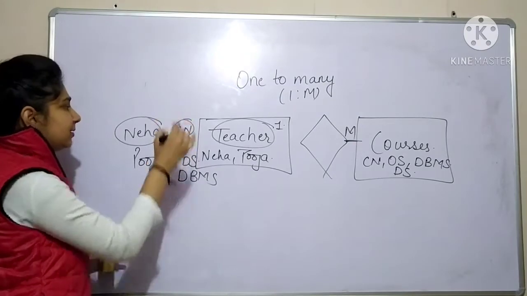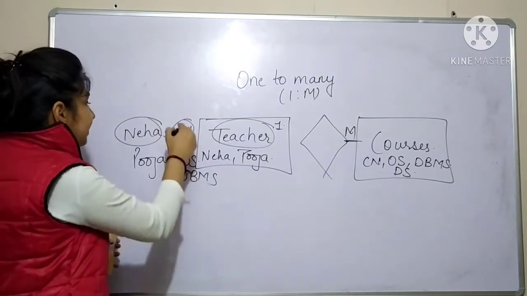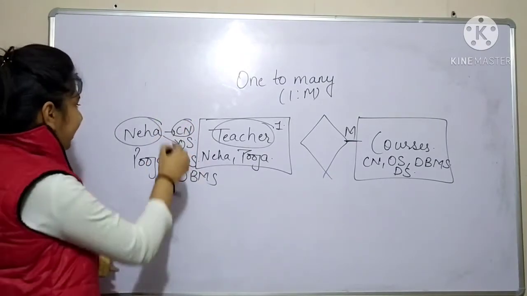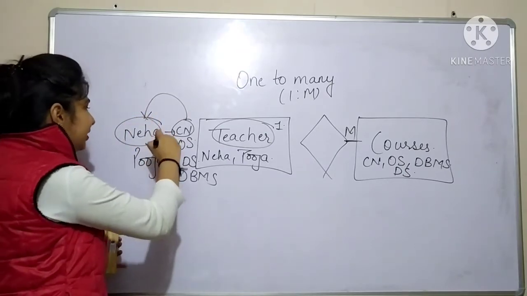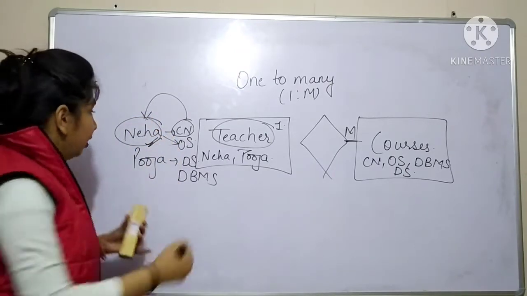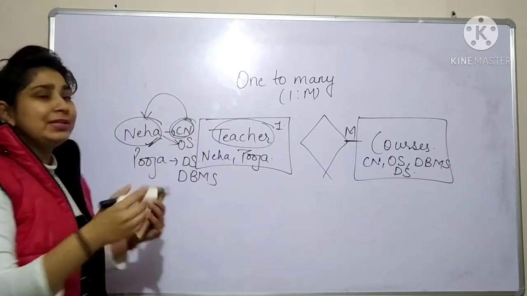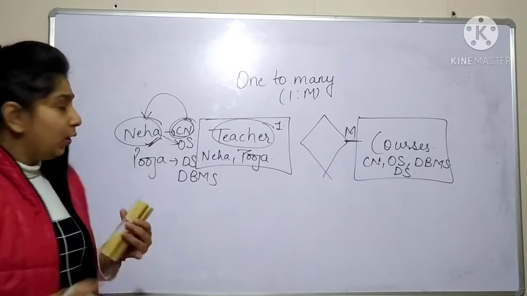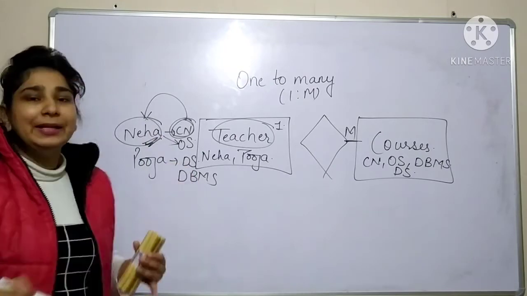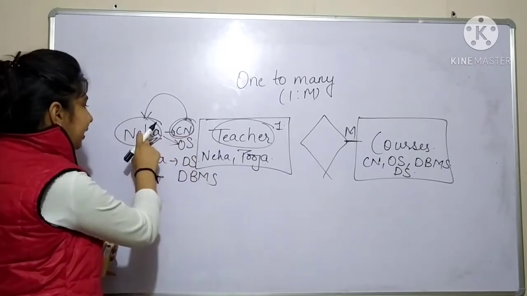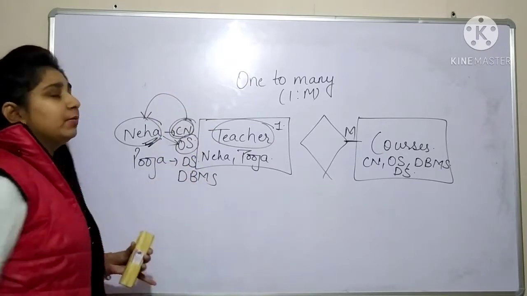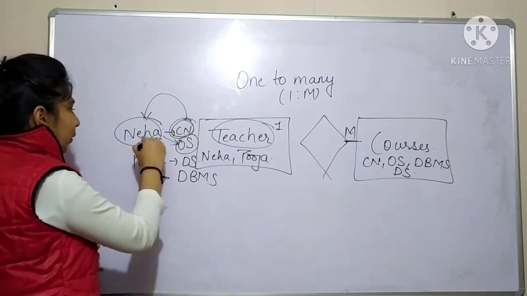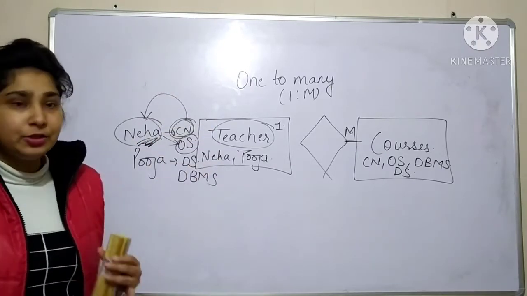If you look at this, the computer networking subject is taught by teacher Neha. Only this teacher is teaching computer networking. No other teacher is teaching it. Similarly, operating system would be taught by only teacher Neha.